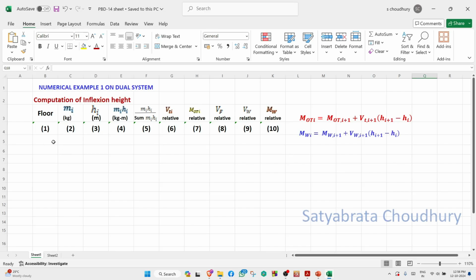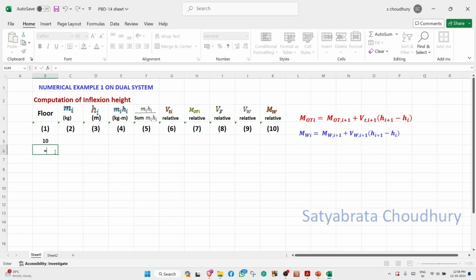So let us start. Now, floor 1 at the top or floor 10 at the top? It is a 10-story building, so we shall put the highest story at the top and gradually go downward. We shall put here 10, and gradually reduce the value.